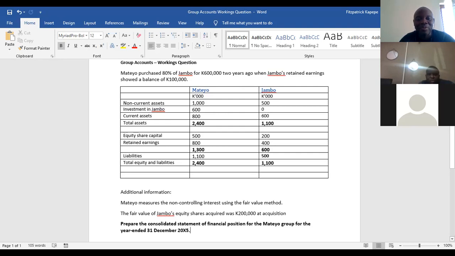The fair value of Jumbo's equity shares acquired was 200,000 at acquisition. Prepare the consolidated statement of financial position for the Mateo Group for the year ended 31st December 2022. So I'm giving you about 20 minutes to finalize this question.